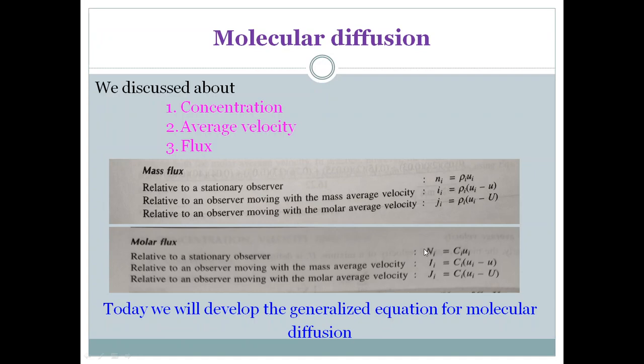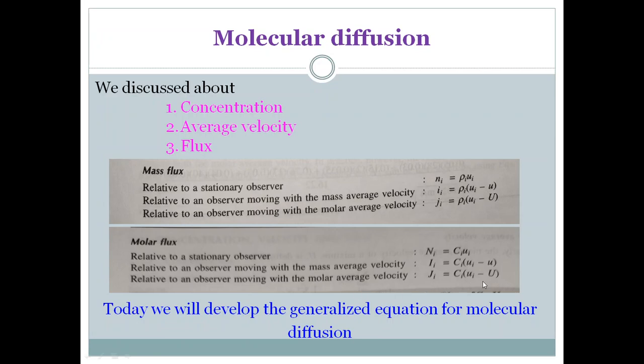and N type of flux, Ni, is the total flux. When somebody is standing in a stationary reference and measuring a particular species, the total flux is N. But from the separation point of view, J type of flux is important.